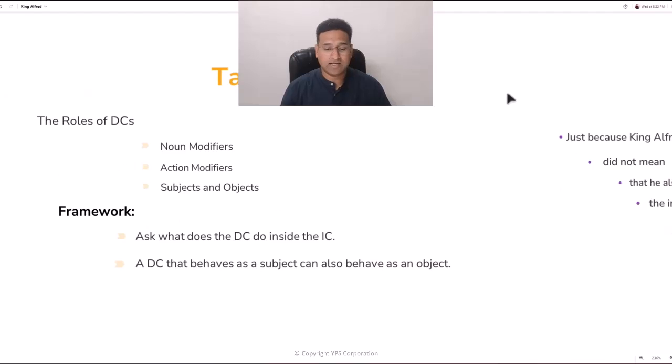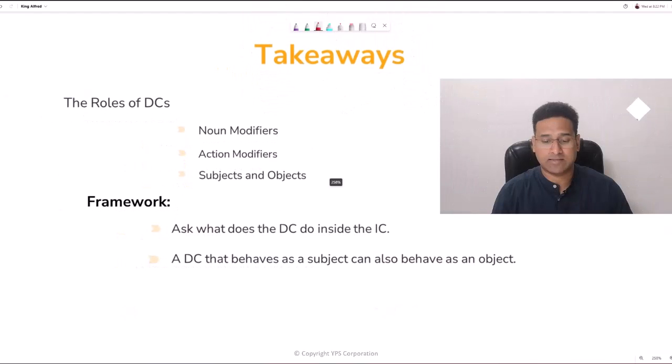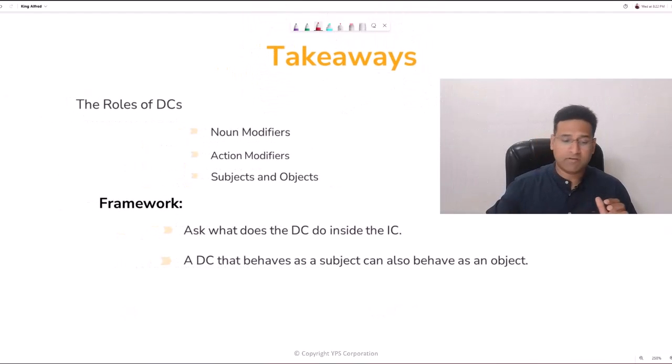Let's quickly summarize the takeaways from our session very, very quickly. Today we discussed the roles of dependent clauses. We saw that dependent clauses can behave as noun modifiers, action modifiers, and even as subjects and objects. Dependent clauses are joined by dependent clause connectors, which are all connectors excluding the fanboys. Fanboy stands for and, nor, but, or, yet, so.